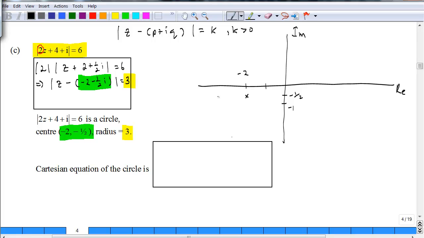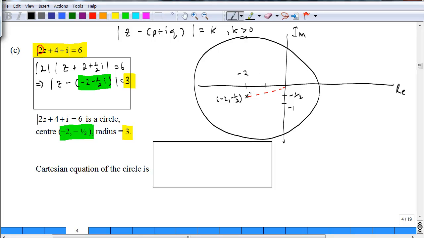So the center is here, and the radius of the circle is given by 3. Let me just check, is this value 3? It can't be. So it is safe to say that the radius of the circle is much longer than this. So I will draw the circle with a radius 3, and then you can mark this radius as 3.